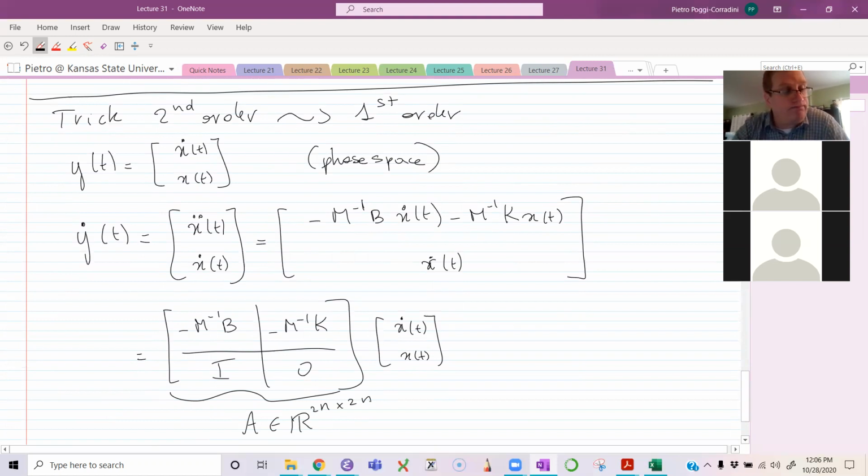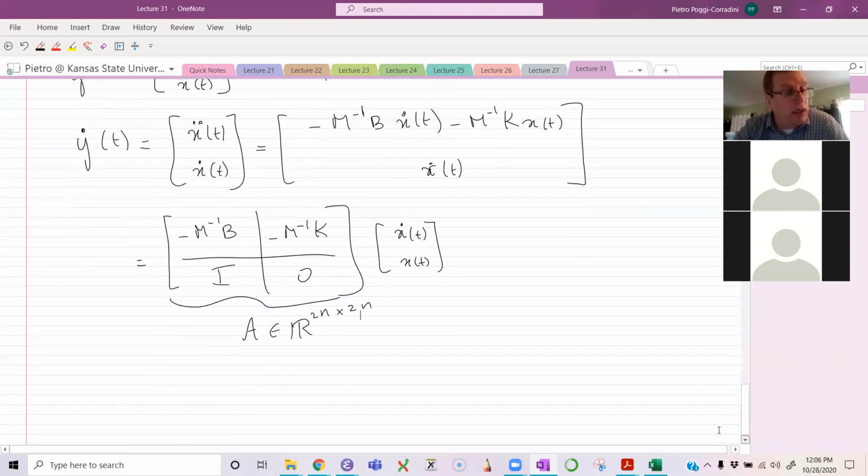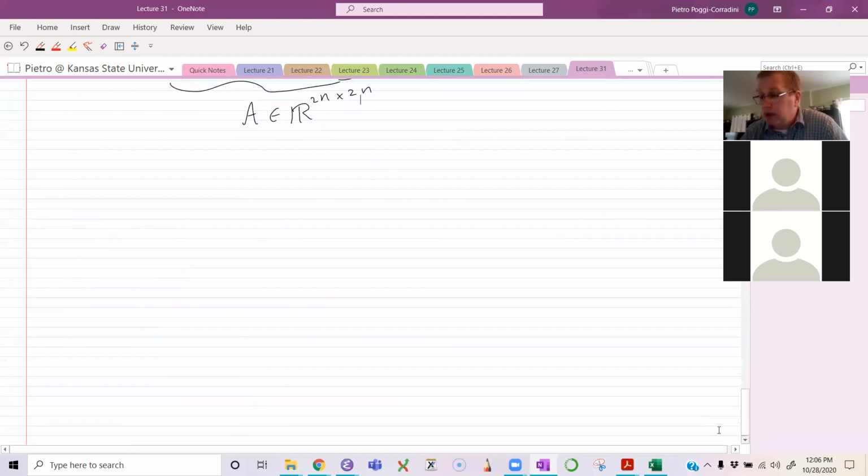And then the problem becomes a standard dynamical problem, y dot equals some matrix times y. This is a first order ODE.